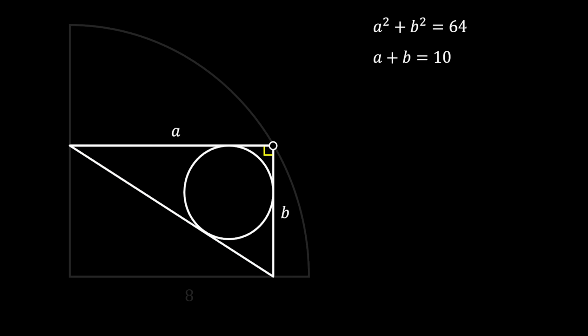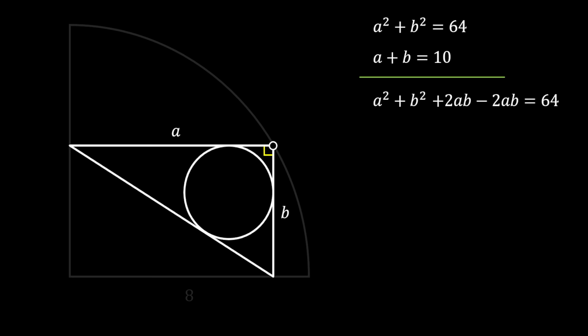Now we're going to use these two equations to form the system of equations. You can use multiple ways to solve this, but for this video I will use the method of finding the perfect square from our first equation. I will first add and subtract the value of 2ab.